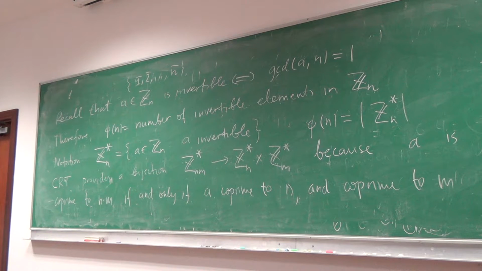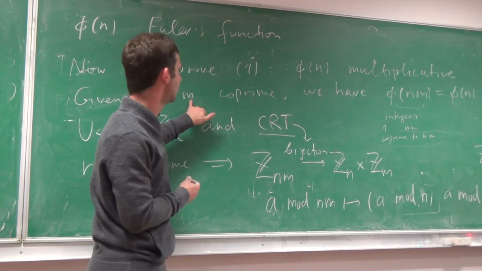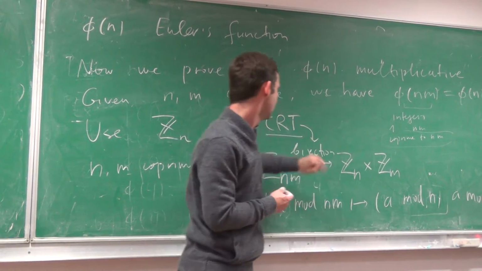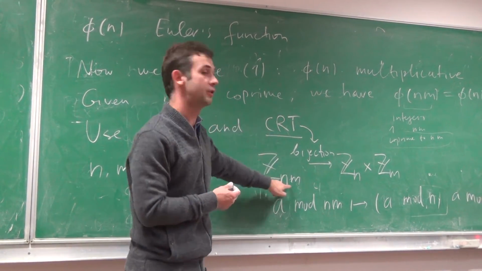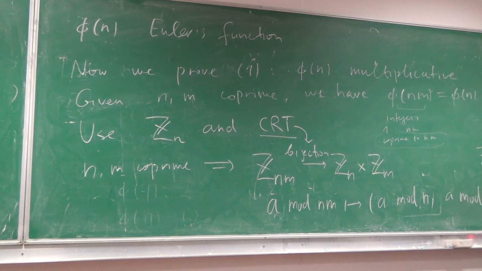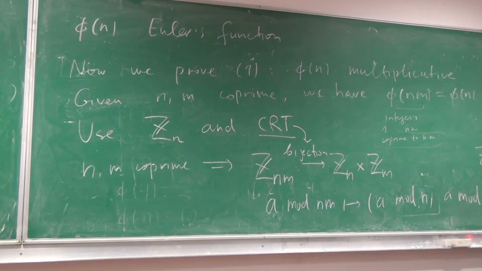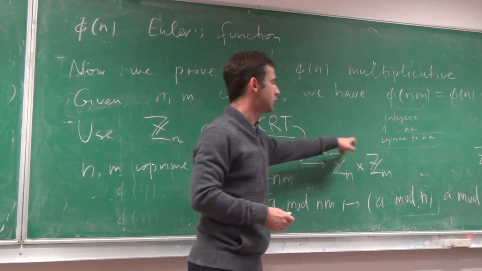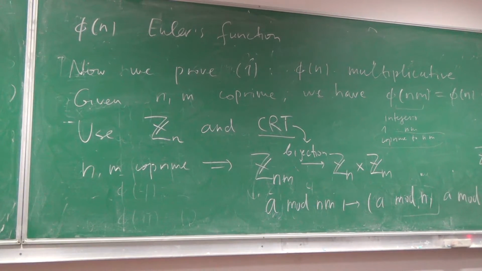I want to say that if I have an invertible element here, it goes to invertible elements. And this fact is, if it's coprime to the product, then it's coprime to each of them. And conversely, because n and m are coprime, being coprime to each of them means that this element is coprime to the product. Yeah? So that's something to think about, but I'm not sure I should spend much time explaining this. Basically, we can restrict to invertible elements on the two sides, and we still get a bijection.